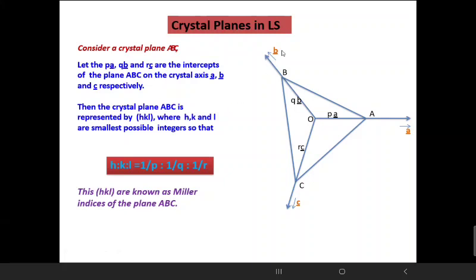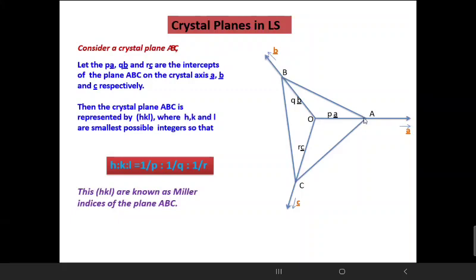Here you can see this is a crystal plane. In this plane, the axes are the a, b, c axes, or else you can say X, Y, Z axes. This plane cuts the a axis at the point pa, so this length is pa.